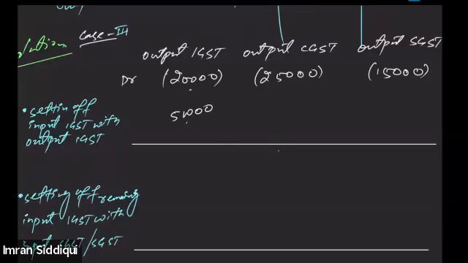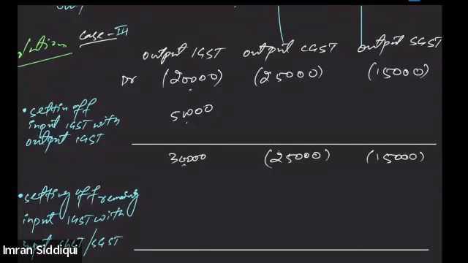So that means we won't be able to completely set off the input IGST with the output IGST that we have collected. We will have a credit balance of the input IGST of 30,000, right? And the other balances will be 25,000 and 15,000. The bracketed figure indicates debit balance, and the one without bracket is the credit balance.